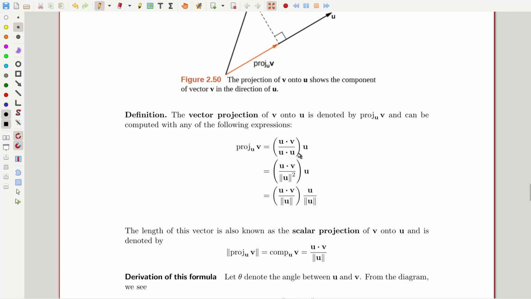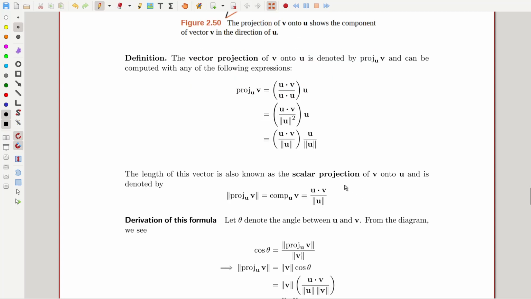But you can clearly see that going from the first to the second, all you do is rewrite u dot u with magnitude of u squared. That's an identity that we've discussed already. And then going from the second to the third, what you do is split the magnitude squared into two different magnitudes, and you just regroup them. Notice also that the quantities in parentheses are all scalars. These are all numbers. So we're just scaling up the vector that is outside.